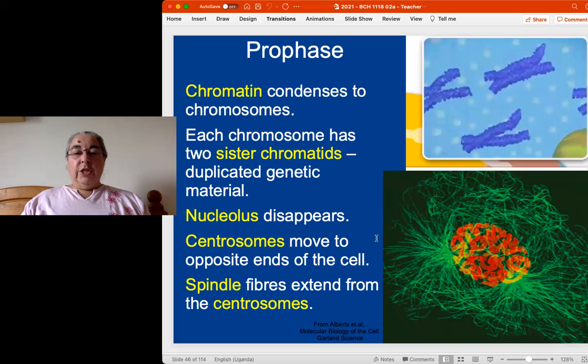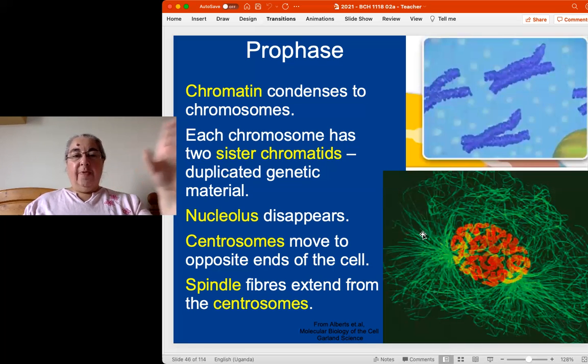The centrosomes move to opposite sides of the cell. Remember that centrosomes are the organizing centers of the spindle, and the spindle fibers start to grow, to extend from the centrosomes. We'll have a look to see how that happens later.